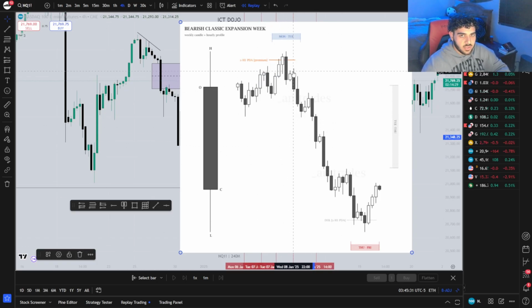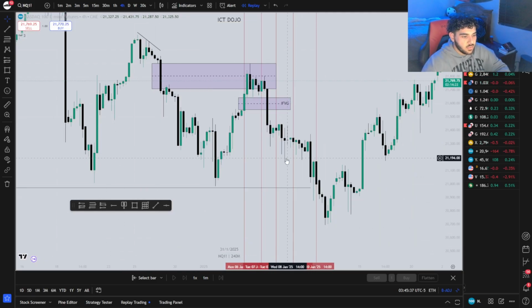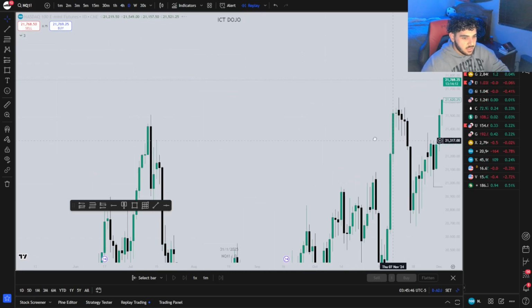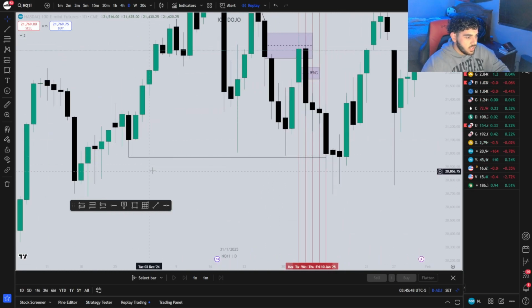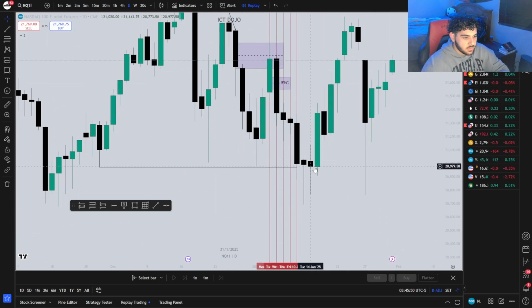And midweek is going to expand bearishly right here. All of this is going to come together with really red folder news. That's what's going to give us volatility. That's what's going to allow us to trade towards our target. So in this instance, we're going to aim for these lows.